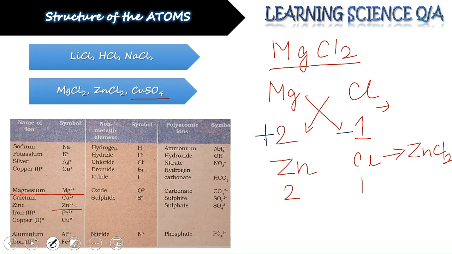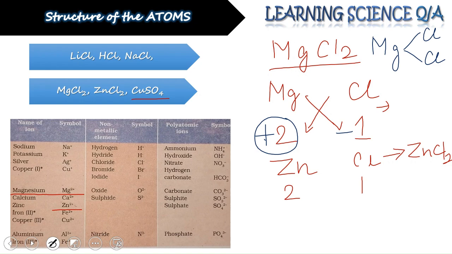But magnesium can give a maximum of 2. So to take the 2 extra electrons which are present with the magnesium, how many chlorines will be required? So basically, one magnesium is donating one electron each to two chlorine atoms. And in this way, we are forming magnesium chloride.